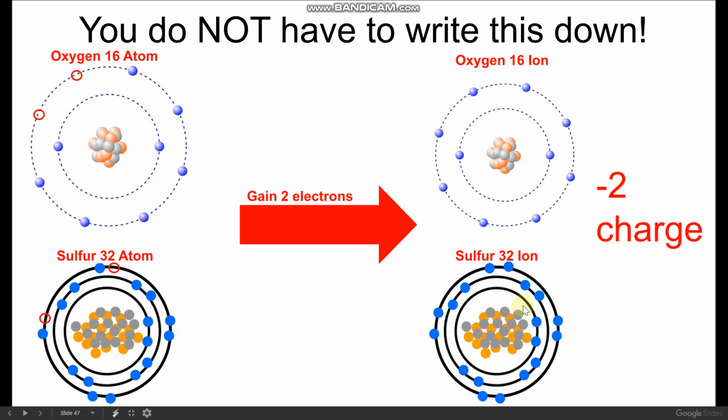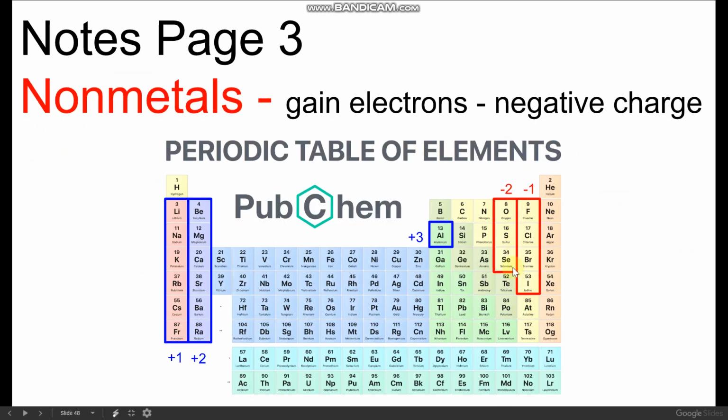Okay, so then above this row right here, you can put a -2 charge. So hopefully you're starting to see the pattern at this point. This row went +1, +2, +3. These rows went -1, -2.